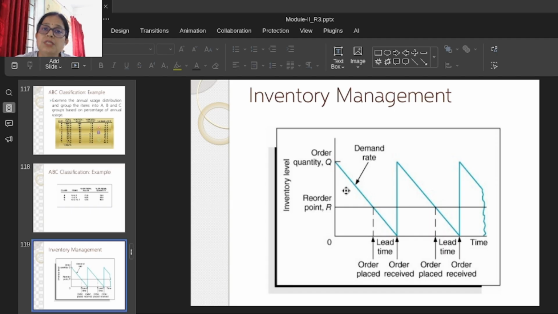Inventory cost is also calculated with respect to the area of this right angle triangle, that is Q by 2, the average inventory. Because we never have the maximum inventory and we never always have zero inventory. We go on consuming, that's why we take the average inventory, that is Q by 2.